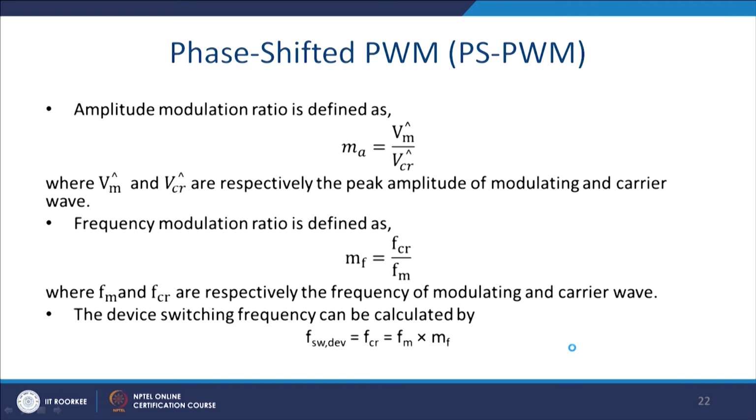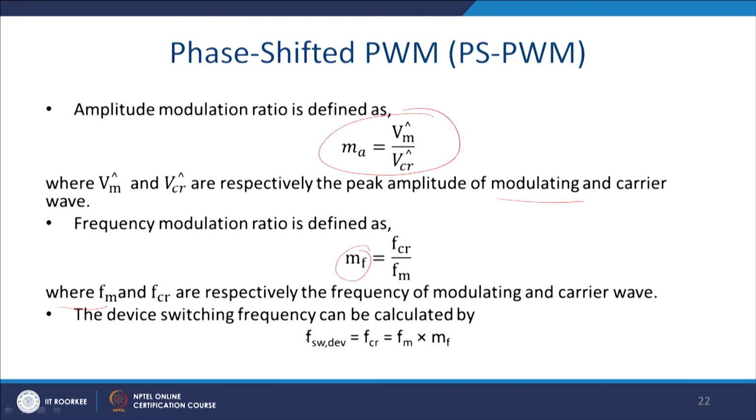As we know, we have studied the PWM technique from the power electronics courses, so there is nothing new here. The amplitude modulation ratio is defined by Ma, that is Vm by Vcr, where Vm and Vcr are respectively the peak amplitude of the modulating and the carrier wave, and the frequency modulation ratio is defined by Mf equal to Fcr by Fm, where Fm and Fcr are respectively the frequency of the modulating and the carrier wave.